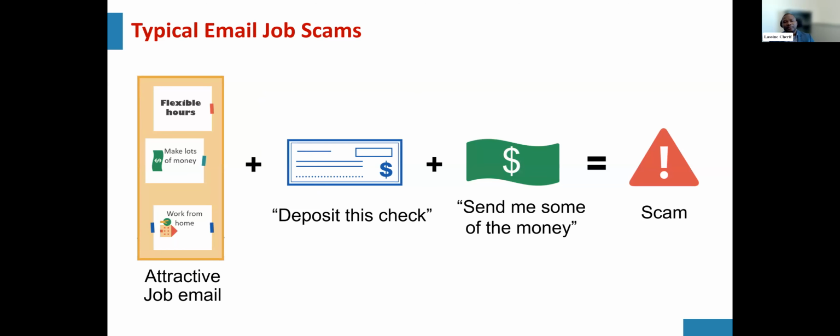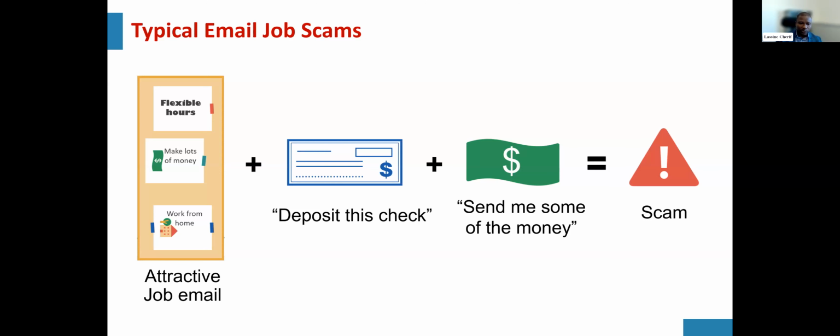So how does a typical email job scam work? You get an email from someone that you don't know, asking you to urgently apply for a position, for a role.